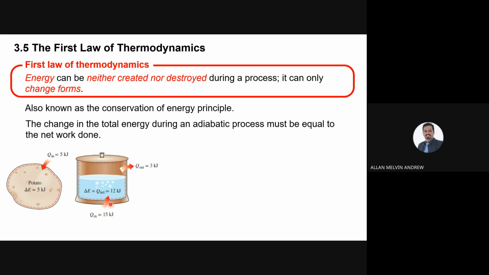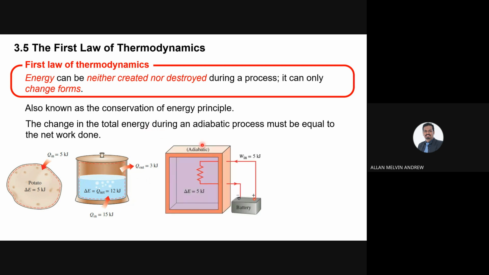Q in is 15, so let's say you are heating from the environment and getting 15 kilojoule, and throughout the process you have Q out equals 3 kilojoule. So here it is plus 15 minus 3. The change in energy is Q net, because only heat is involved. So Q net equals 15 minus 3 equals 12 kilojoule.